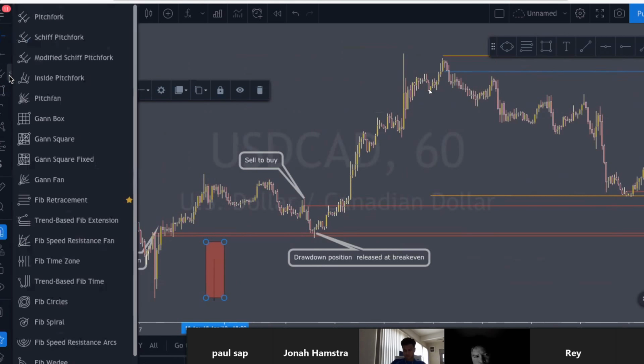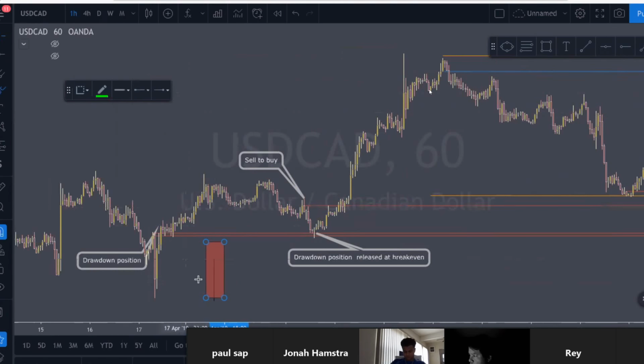While they're selling, they will be entering buys. They will enter a lot of relatively small buys, so that when they want to release the sale, they have buys at low prices. Boom. They get out of the sale, and the price goes up, because when you exit a sell, you're buying back.